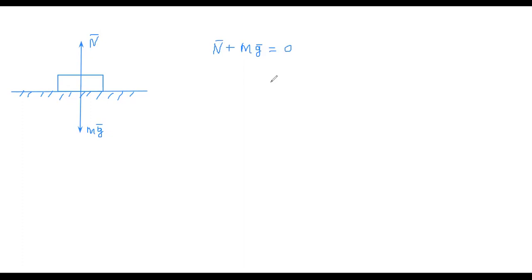Because we have no motion up or down, and absolute values of these forces are equal. N is equal to mg by modulus. And let's set this body in motion.